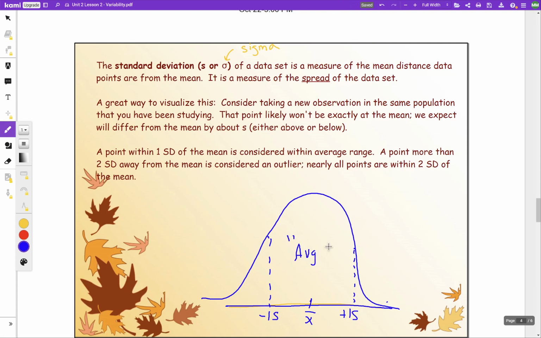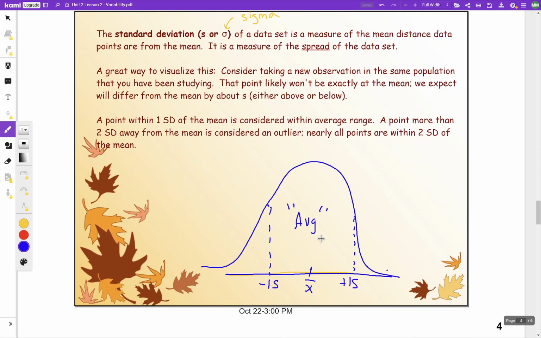Now, we said earlier that average and mean I like to think of as two different things. The mean is the exact center of the data, right? So here, the mean is exactly where that is. For these classes, we had an average of 73.